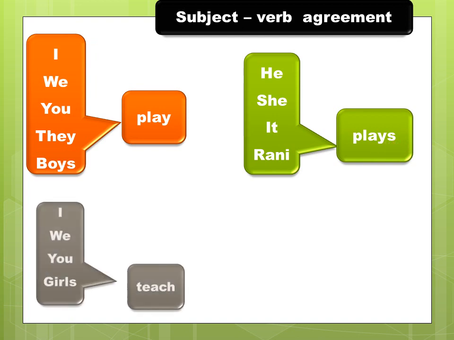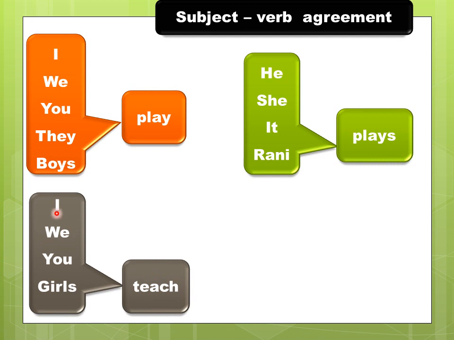Now let's see another example. With the pronouns I, we, you, and girls, we are using another verb, teach. Again here I refers to singular, whereas the remaining all refer to plural nouns. Here the verb used is teach.